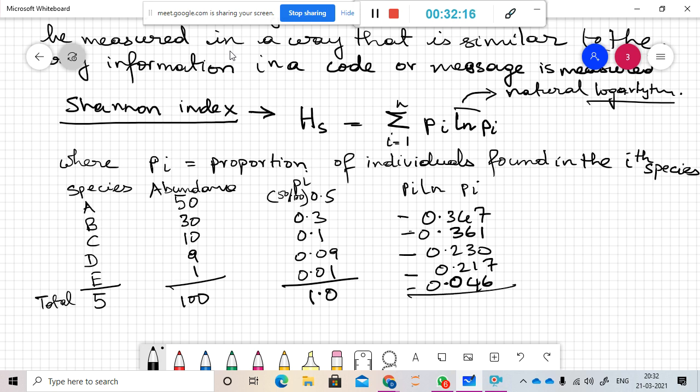And if you take the sigma of this whole thing, it is minus 1.201. Now what is HS then?